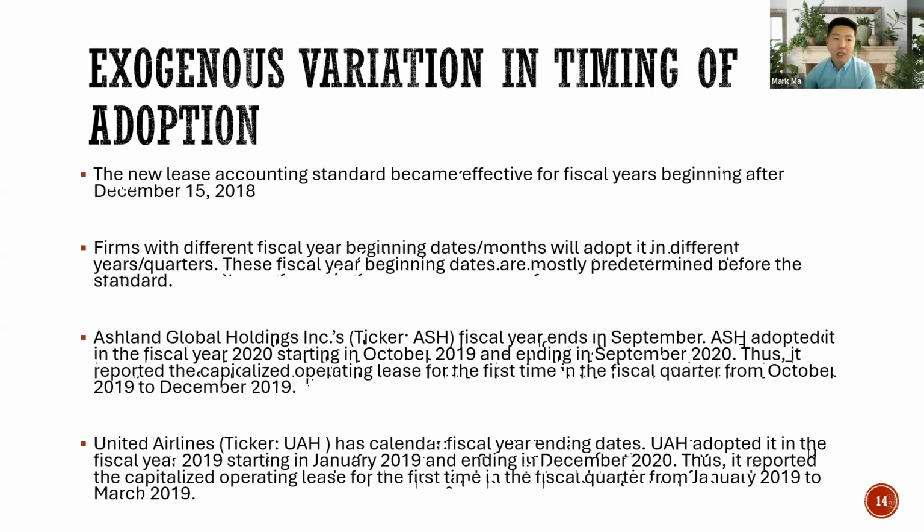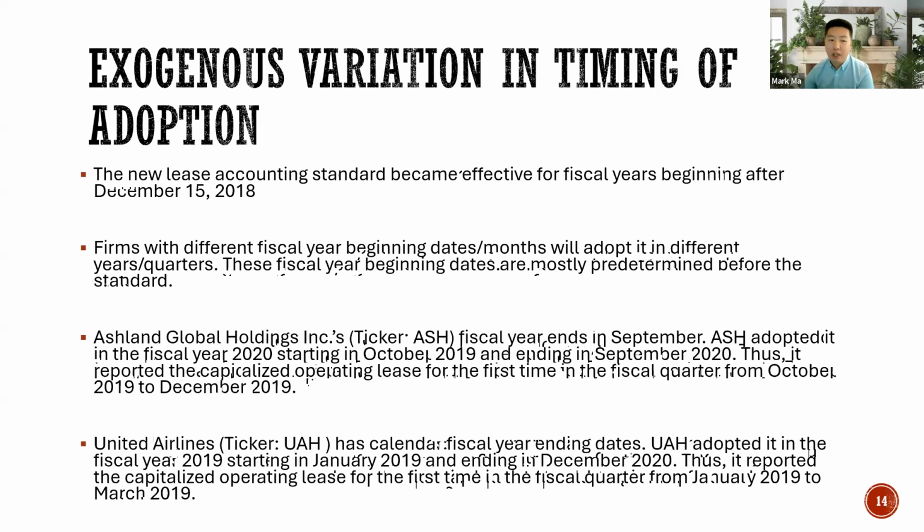Just two examples. Ashland Global Holdings, ticker ASH, has a fiscal year ending month of September, and ASH adopted this standard in the fiscal year of 2020, starting October 2019 and ending September 2020. So it reported the capitalized operating leases for the first time in the fiscal quarter from October 2019 to December 2019. In contrast, United Airlines has a calendar fiscal year.